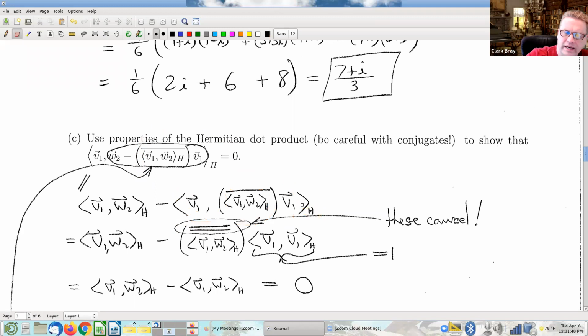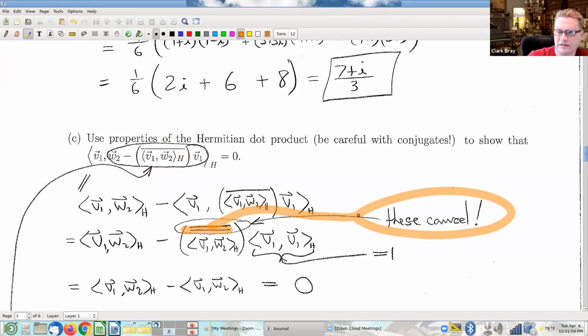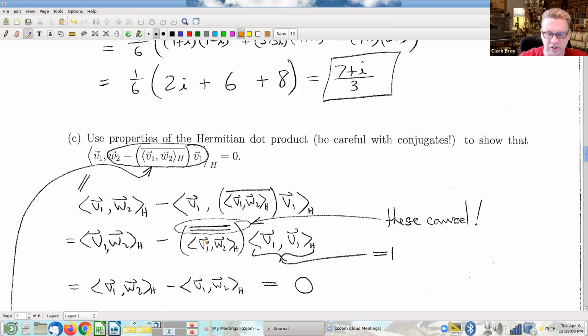And of course, that scalar we're pulling out was already a conjugate, and so we get a conjugate of the conjugate. The conjugate of a conjugate is the original number. Said differently, those cancel. So with a little bit of algebra, those cancel. This, of course, is 1.